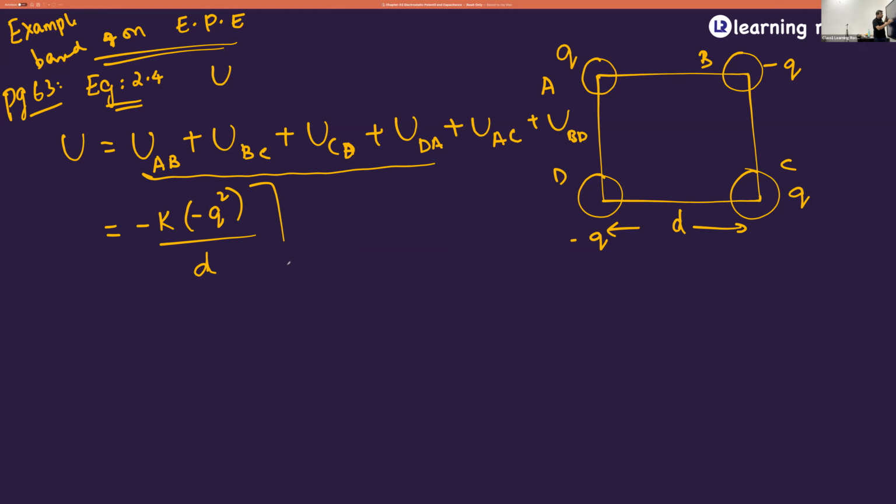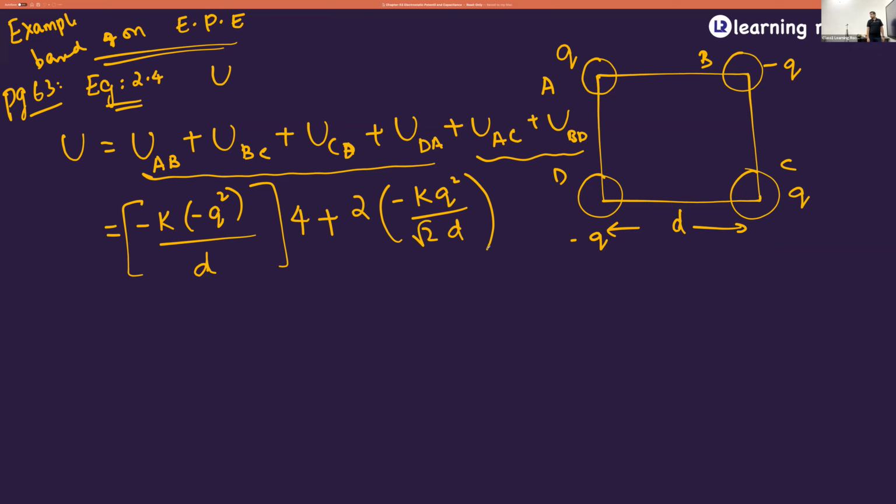So this whole thing will get repeated 4 times. Makes sense? Plus, if you take U AC and U BD, when you multiply A and C, they are two positive charges. When you multiply B and D, they are two negative charges. So you will get 2 times minus K Q square divided by, what is the distance of separation between them? What is the diagonal of a square?